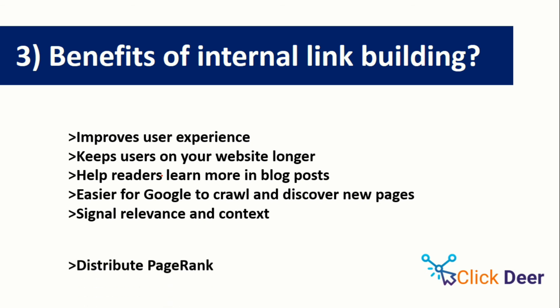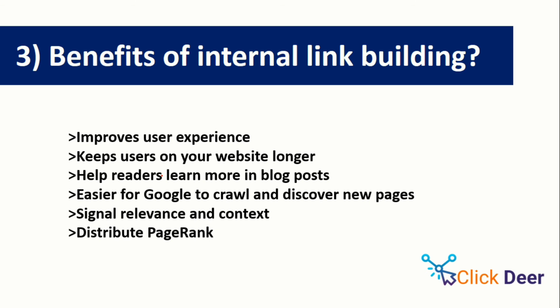So again, the next point is it distributes the page rank. This is a little bit trickier. So for example, let me just explain it to you. Say you have a homepage that is ranking really well, right? This is your homepage, okay? So now you have two other pages, which may be subcategory pages or product pages, which do not rank well in the search results.